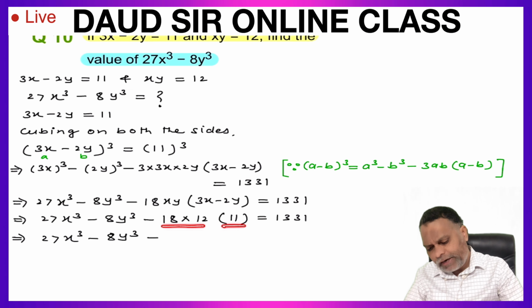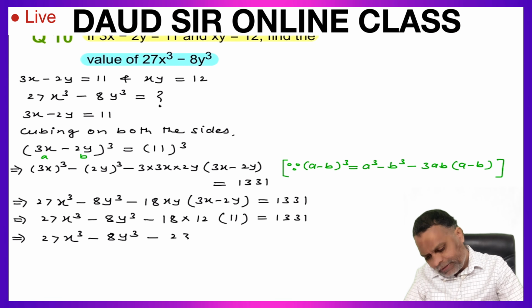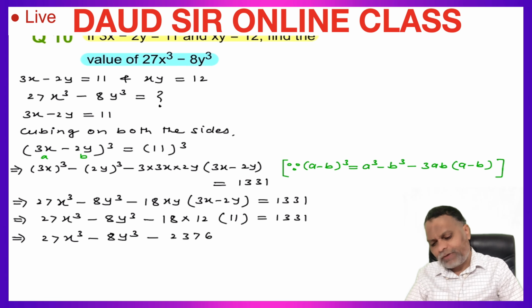Multiply this 18 into 12 into 11. This is 2376. You can multiply this.